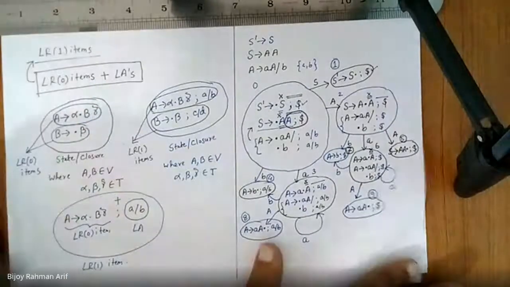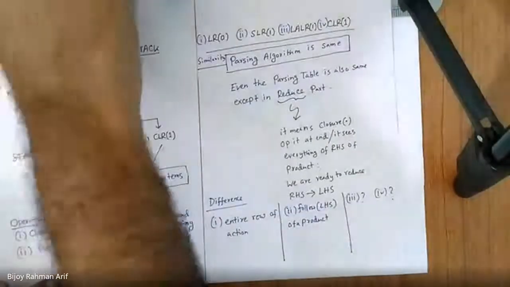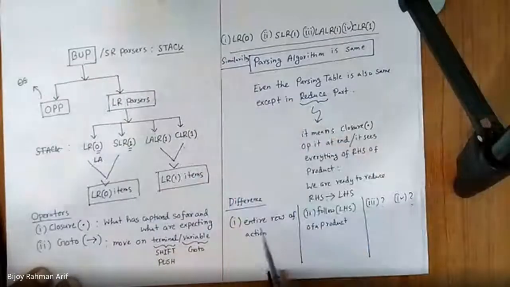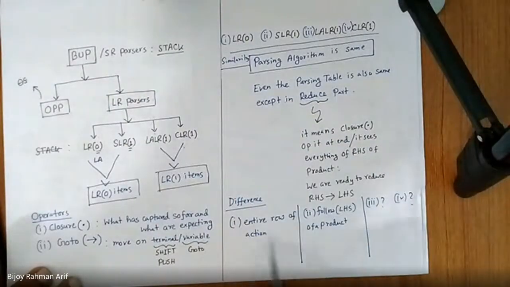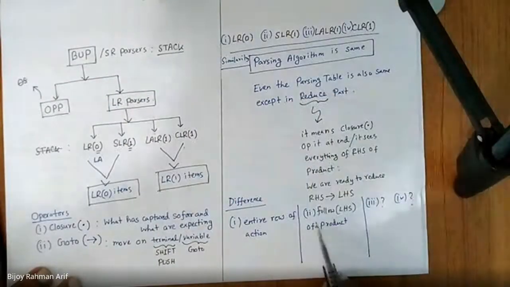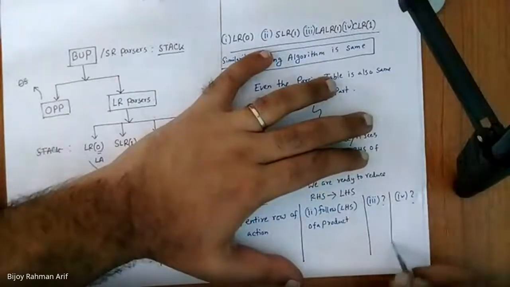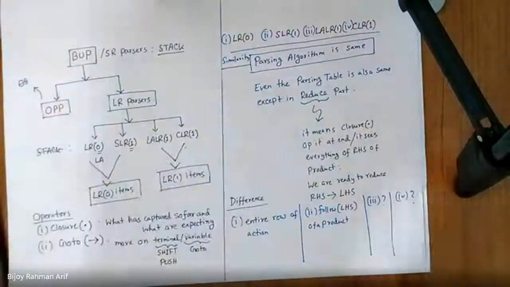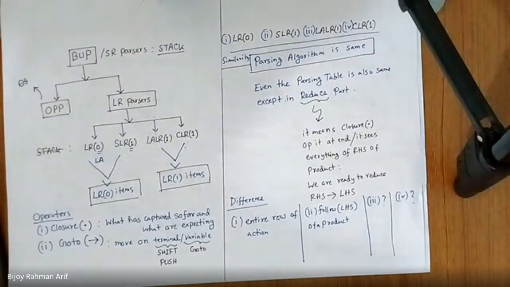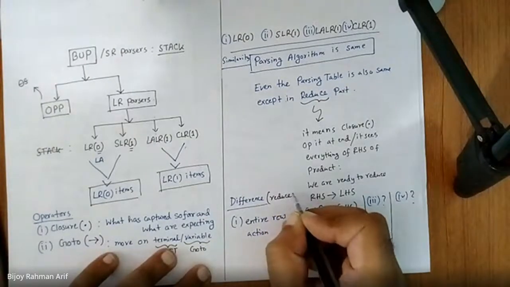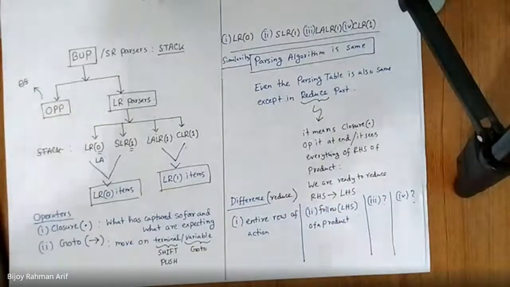So the difference is in CLR1 parsing. Let's go back here. In LR0, the reduce move is on the entire row of action. In SLR1, it is on the follow of the LHS of a production. In CLR1, can you guess where I should put the reduce move? Any guess?